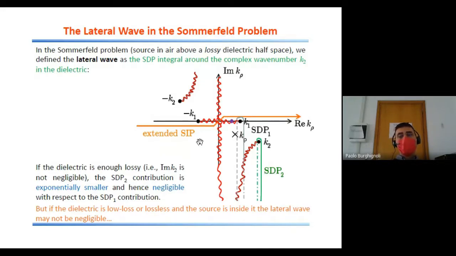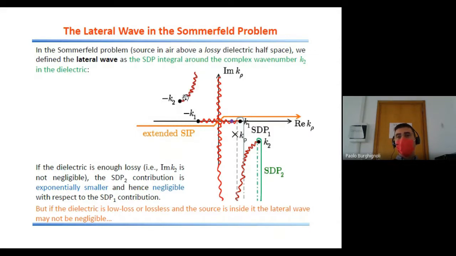I remind you that in our previous lesson, the source was in a vacuum. So K1 could be the vacuum wave number, and for this reason, K1 is here represented as a real number. Whereas the upper medium was a dielectric, possibly lossy. So in this case, K2, the other pair of branch points, are located in the fourth and second quadrants of the complex plane. The relevant branch cuts, as usual, are the Sommerfeld branch cuts, so they are hyperbolic.